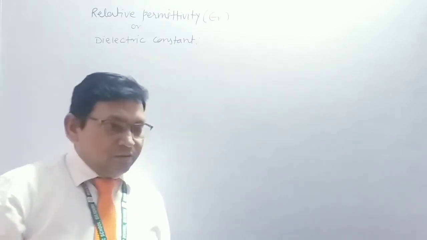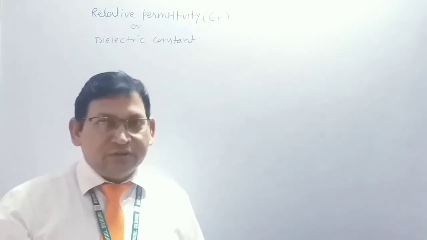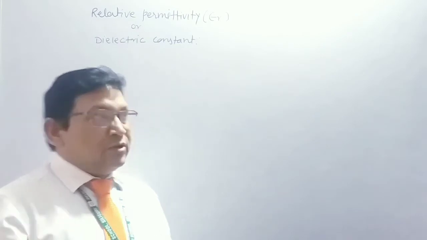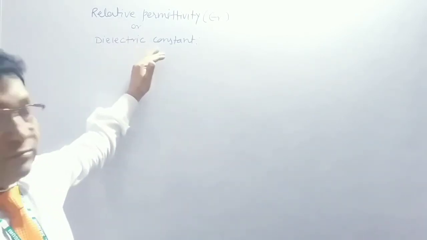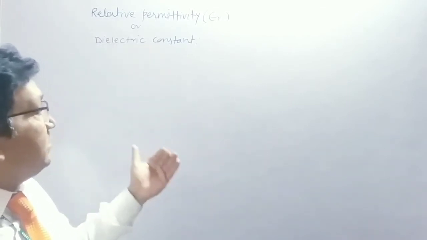In Coulomb's law, we have discussed that the value of the proportionality constant depends upon the system of units and the medium in which the charges are kept. So dielectric constant is the property of the medium which determines the force between two charges placed in a particular medium.